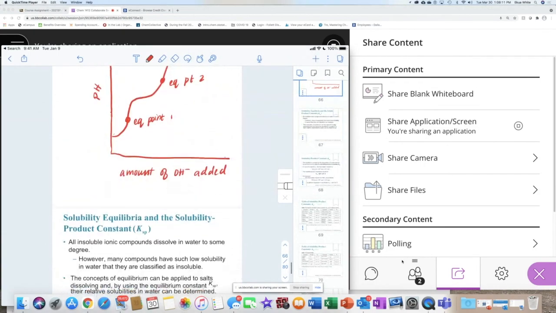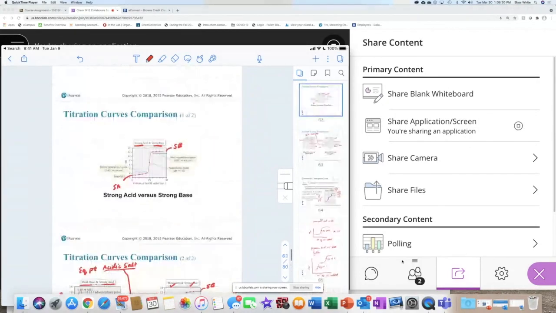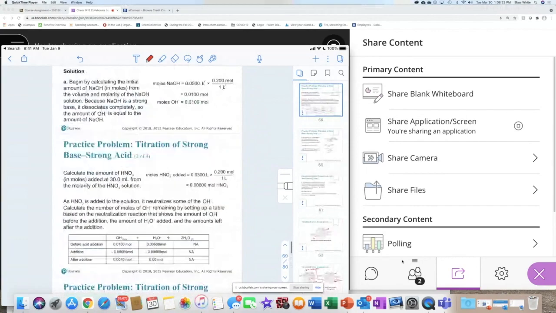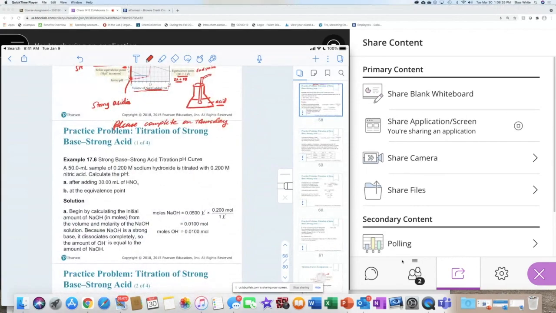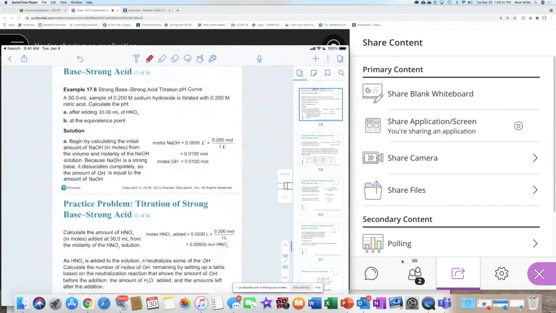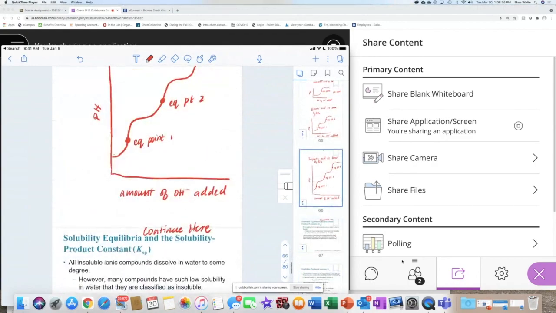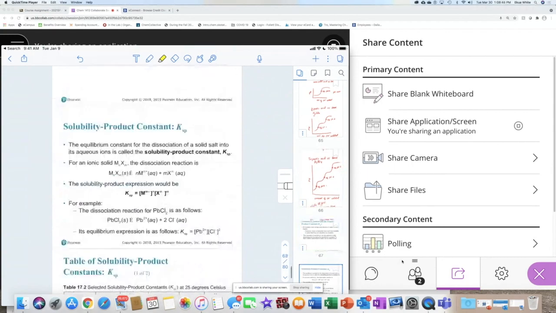I'll say start here, continue here. I'll go over the math, which I skipped over. I don't know what slide number this is. 58. I need to write myself a note so I don't forget. Slide 58 first. This is for me to go over this part first and then come here.